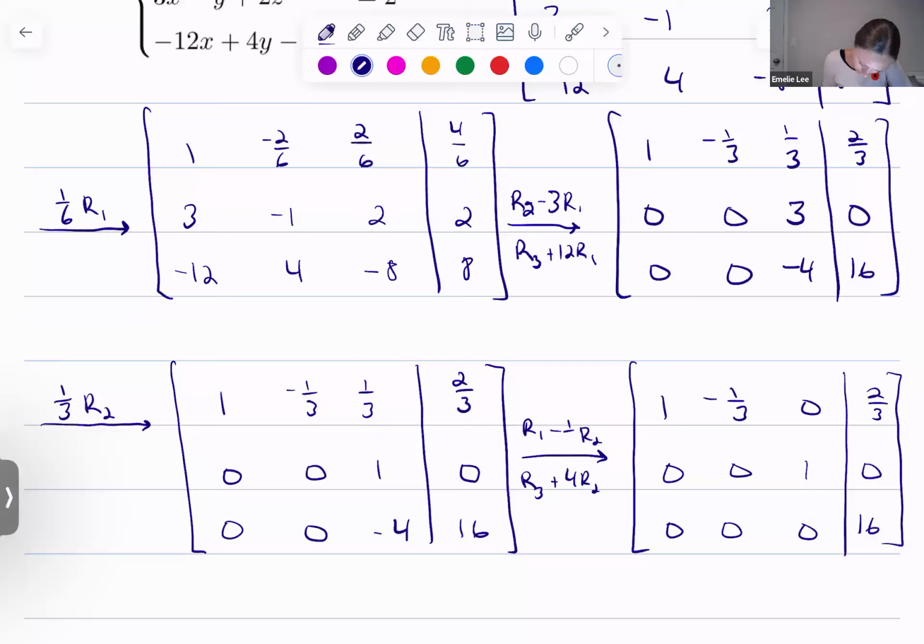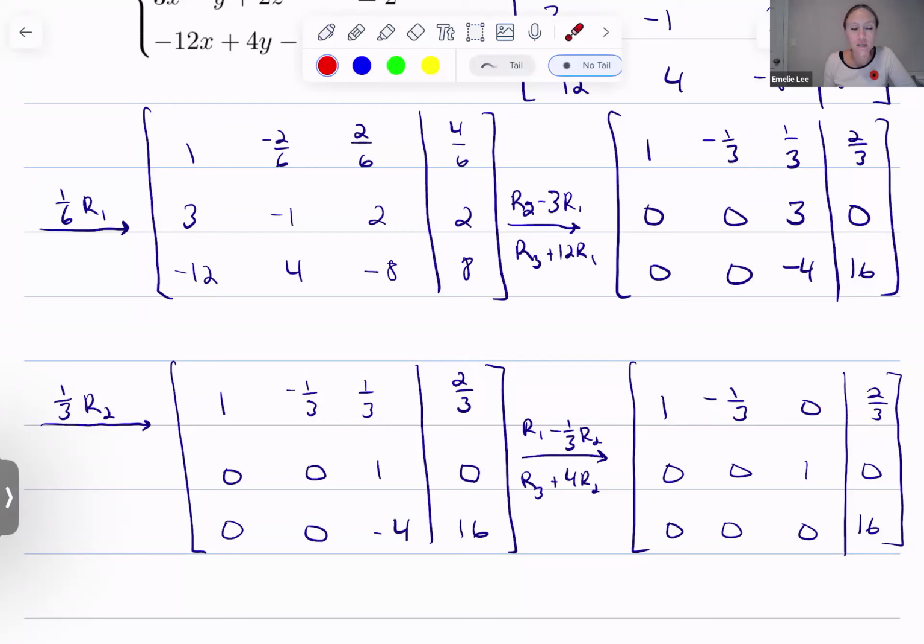I was just working on my own there for a bit. So R1 minus a third times R2 makes it 0, but I am left with two values here. So 1 times x minus 1 over 3 times y plus 0 times z makes 2 over 3.